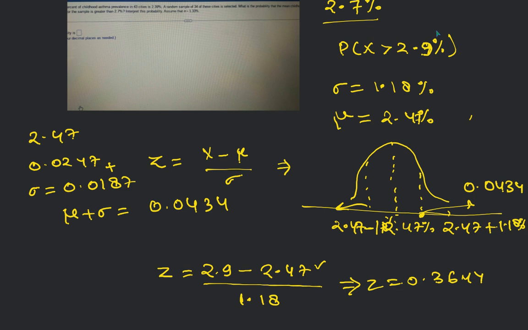So what we have is Z equals 0.3644. Where is 0.36? Okay, I am getting 0.6406.